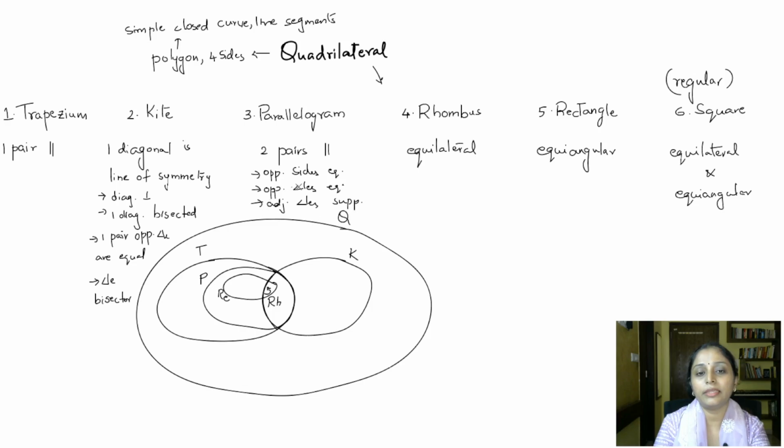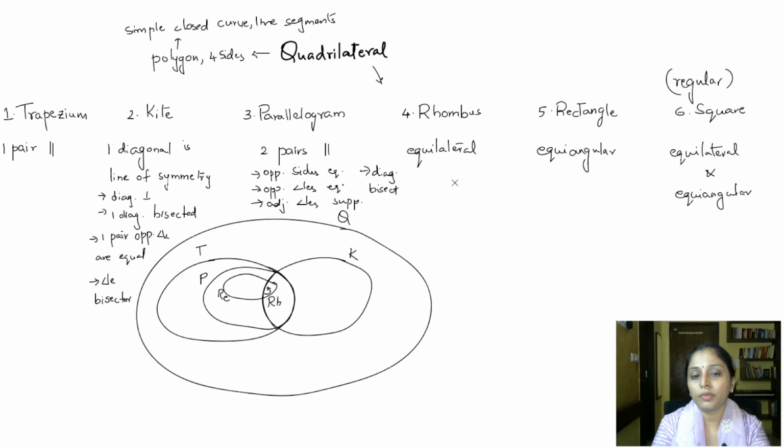And then we have seen that the fourth property was that the diagonals bisect each other. They need not be equal, but they bisect each other. Okay, so I'm going to write it here. Diagonals bisect each other. These are the four properties, right?